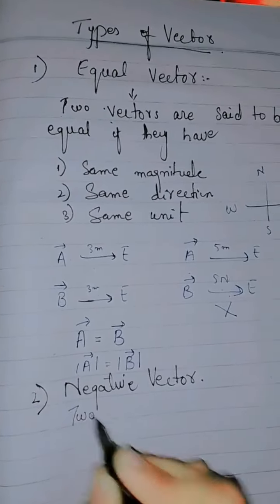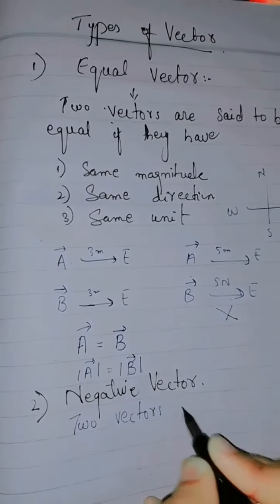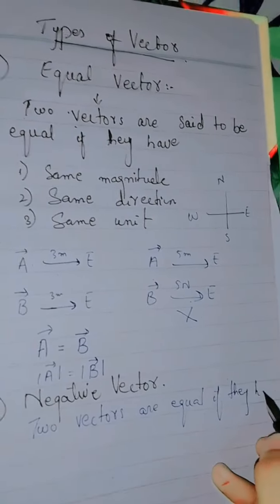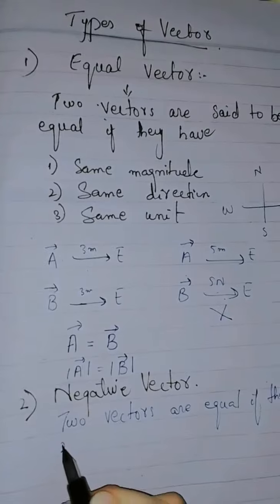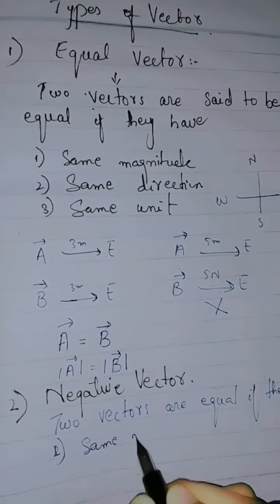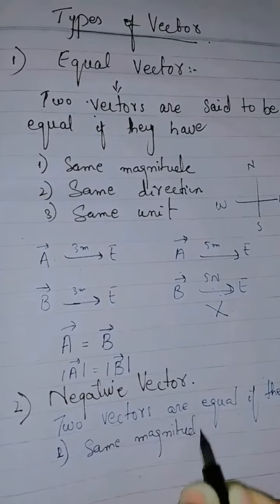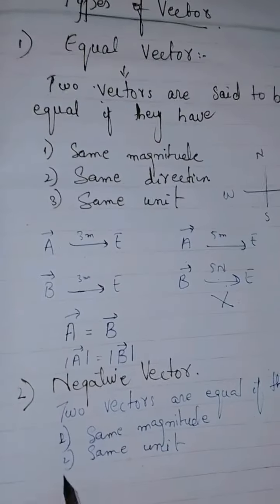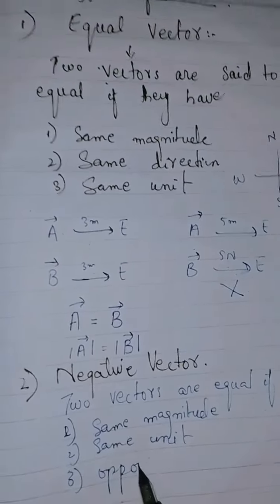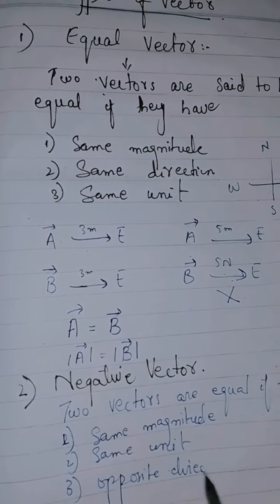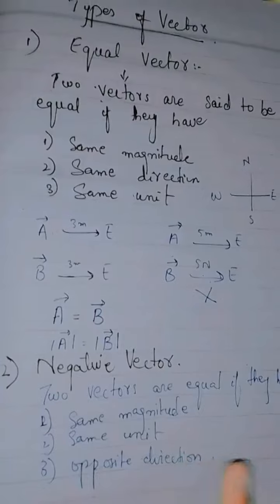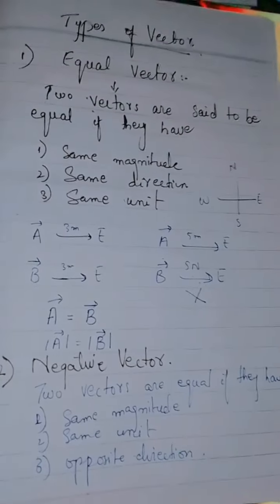Two vectors are negative if they have same magnitude, same unit, but opposite direction. In equal vectors we have same magnitude, same direction, same unit, and in negative vectors, two vectors have same magnitude, same unit but opposite direction.